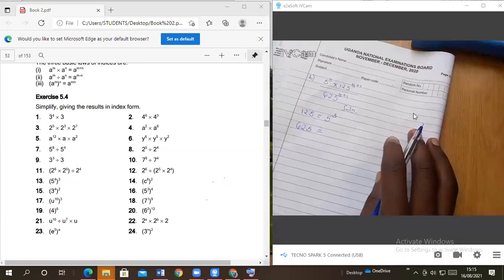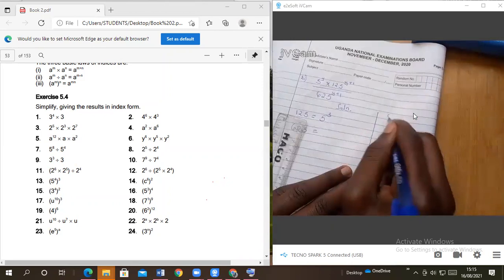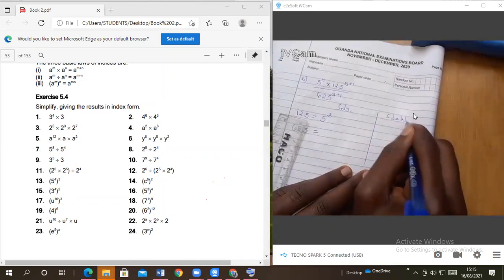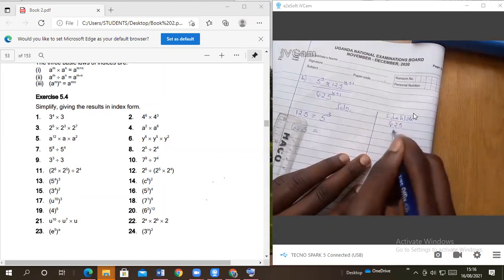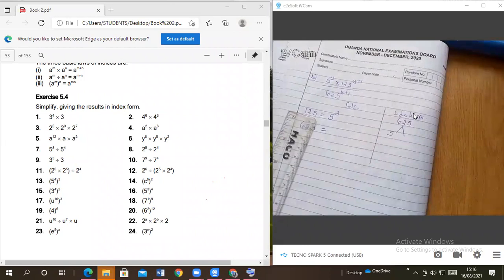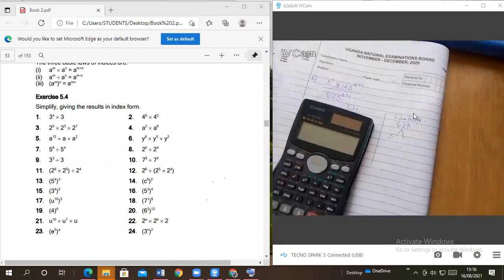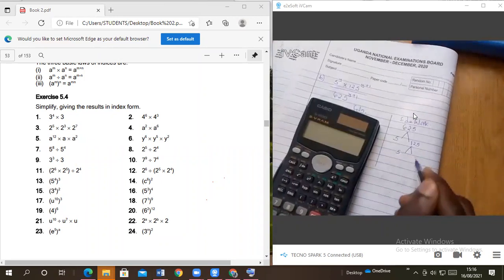If you are not sure, then you can do your side work here. So we have 625 divided by 5. What do you get by 5? By 125. 5, we get 125. By 5, we get 25.